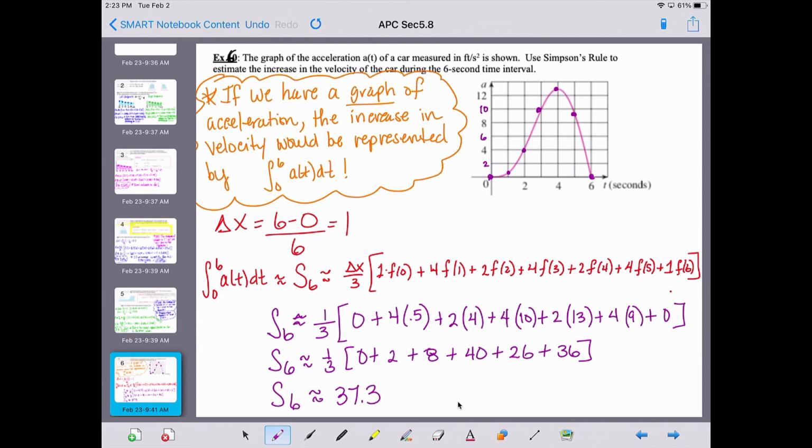And if we're looking at the increase in velocity, then our units would be in feet per second. And so here's how we would use Simpson's rule and the points on a given curve of acceleration to approximate an increase in velocity.